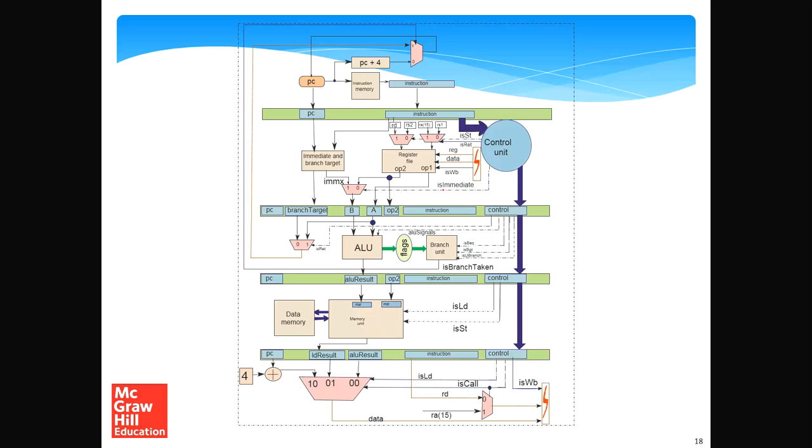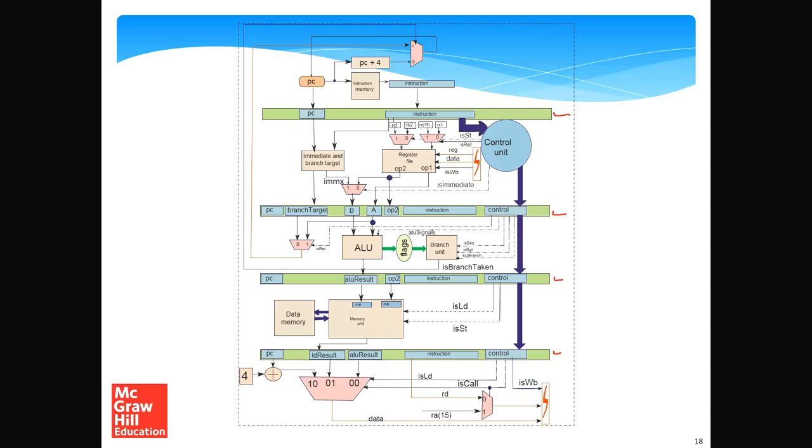So there should be no ambiguity because this is exactly what we have seen earlier. The only differences are these green boxes where we store the temporary values, and these flow from latch to latch to latch, and at every stage we do some processing.